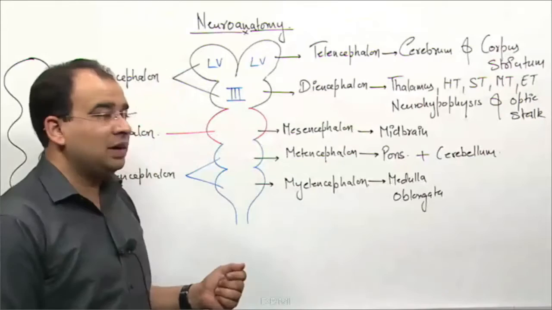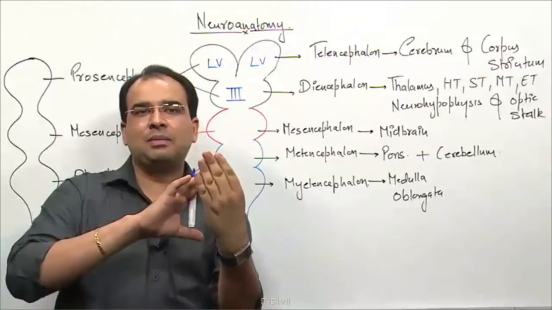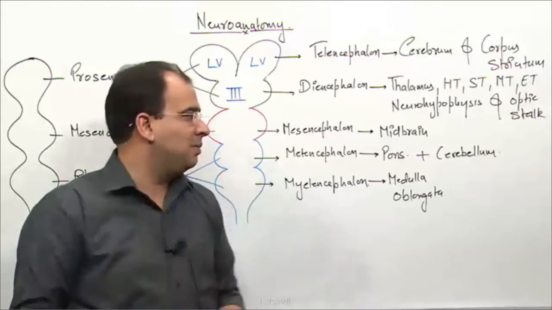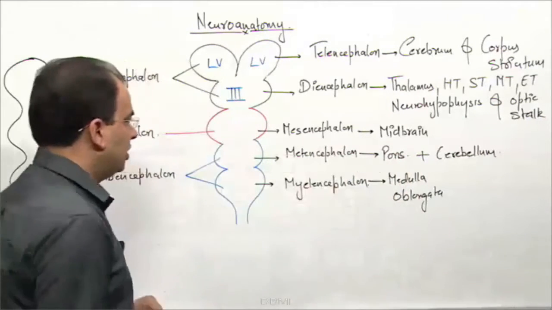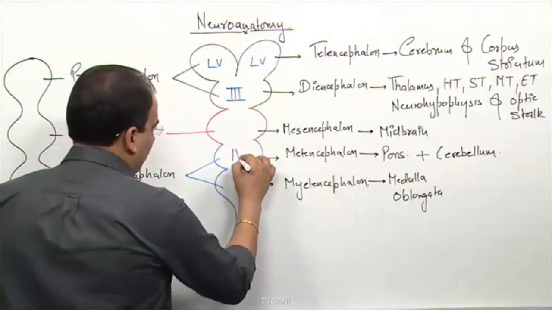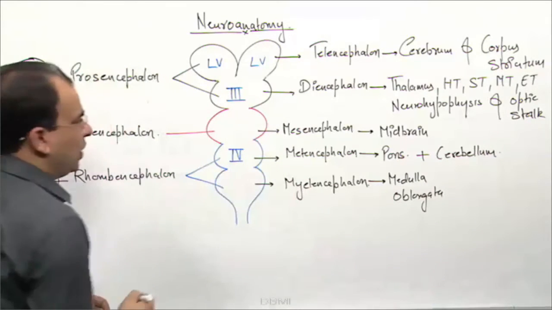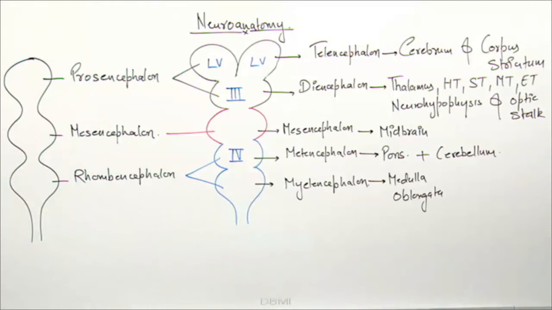The fourth ventricle is present mainly between the pons and cerebellum. They are both derived from the metencephalon. So the cavity of metencephalon will give rise to the fourth ventricle. So lateral ventricle, cavity of telencephalon; third ventricle, cavity of diencephalon; and fourth ventricle is the cavity of metencephalon.